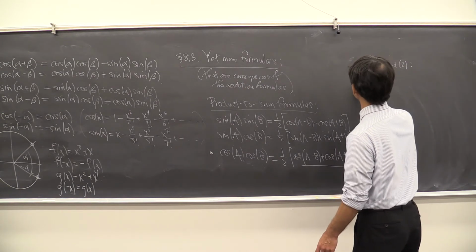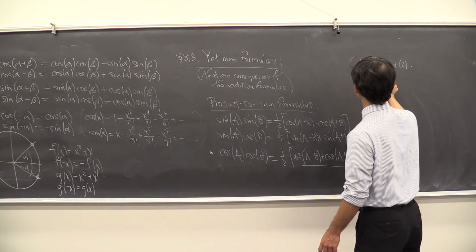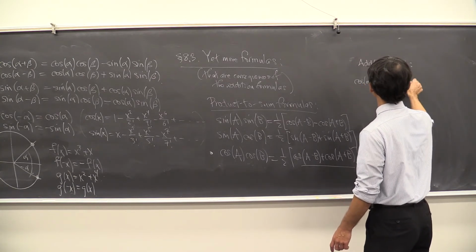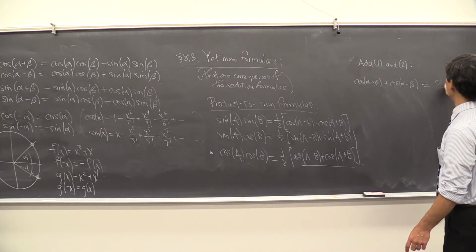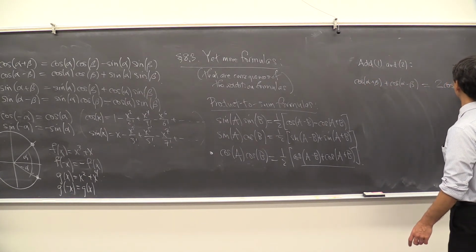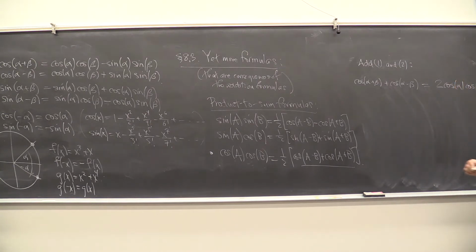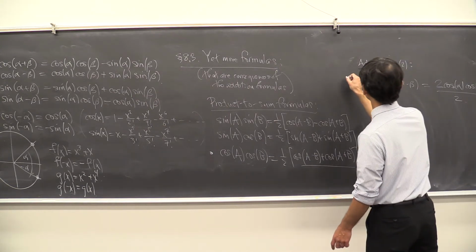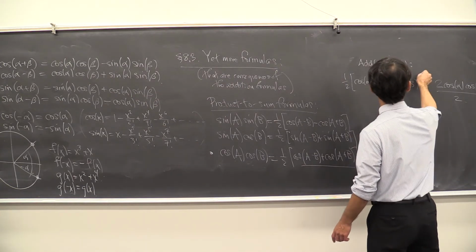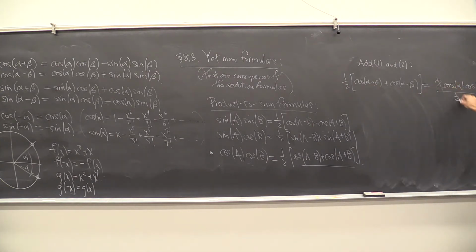On the left-hand side, we get cosine alpha plus beta plus cosine alpha minus beta. And on the right-hand side, we get 2 cosine alpha cosine beta. Divide both sides by 2, and we get the formula 3 down there.